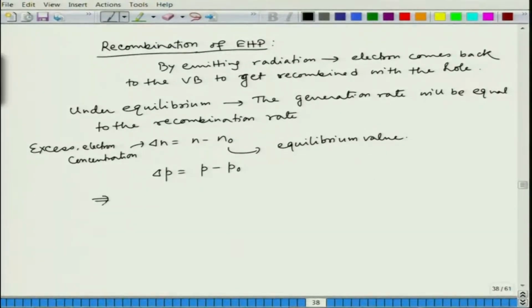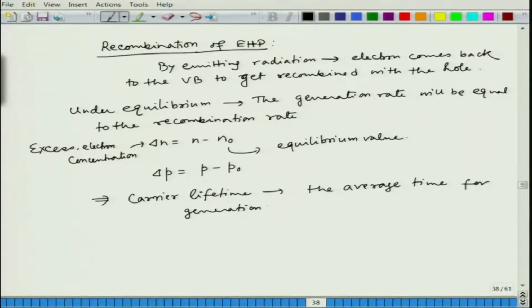And we also need to define one more quantity which is called the carrier lifetime, which is basically the average time between generation and recombination for one electron hole pair.